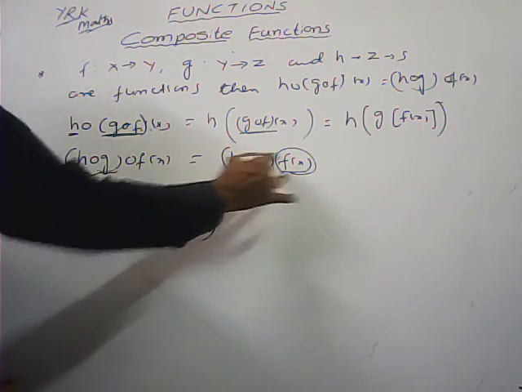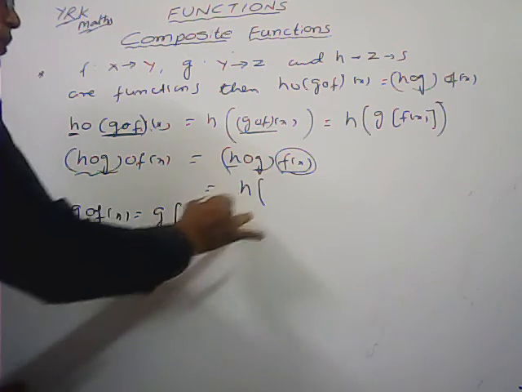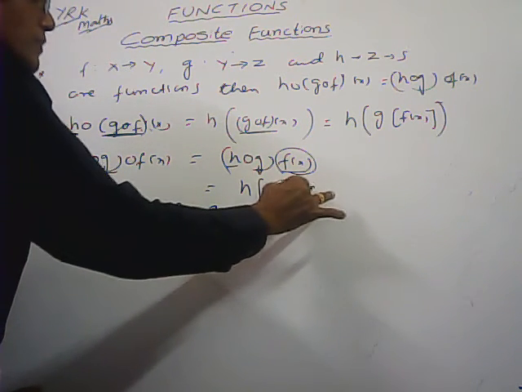G circle F of X you can write as G of H of G of F of X.